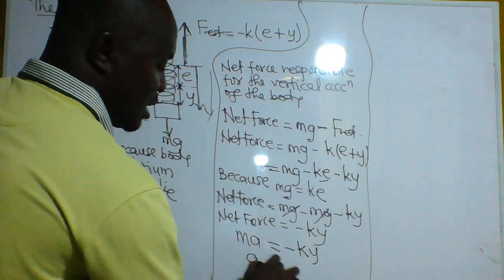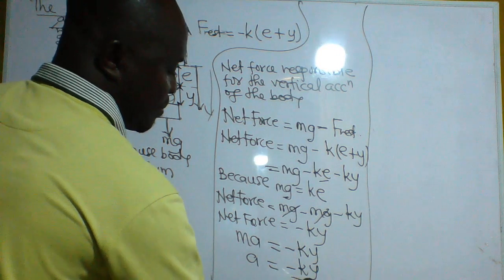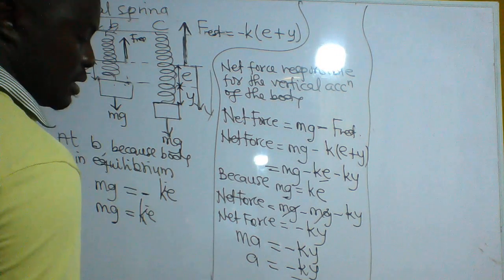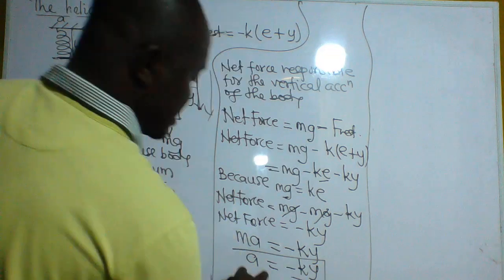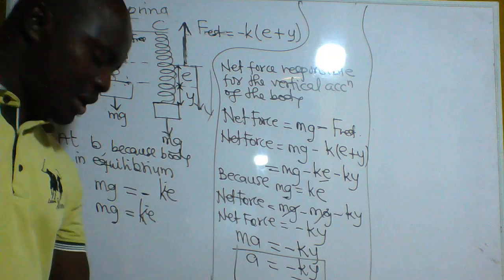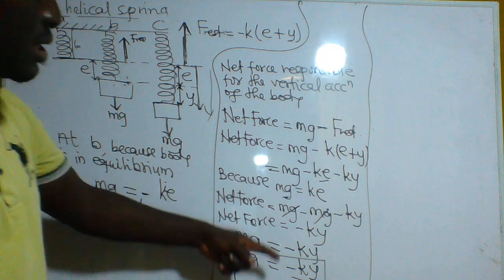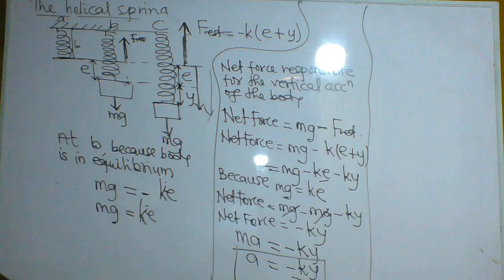Therefore, a is equal to minus ky on m, giving us the same relation we derived earlier for the acceleration of the loaded spring.